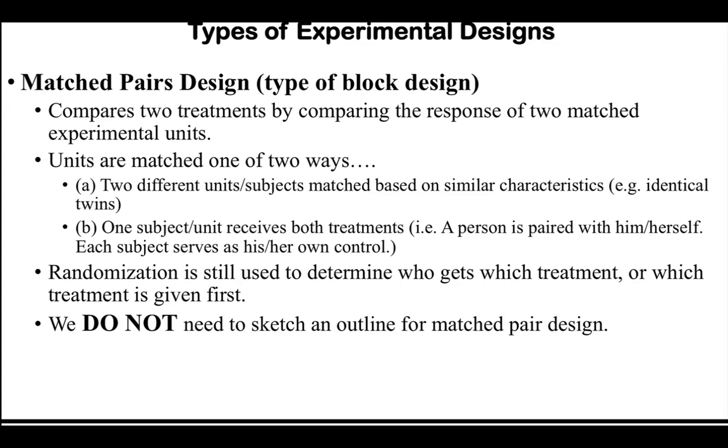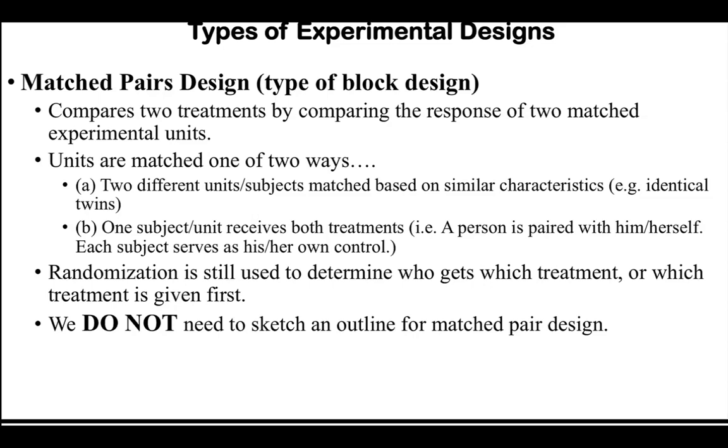You can't match someone who is in 12th grade with someone who's in 11th grade. You can't do that because we're talking about SAT scores. Now I can match a person who's 6'5" with a person who's 5'2". I can do that for SAT scores because that has nothing to do with how well they do on the test, right? Their height or their size of their body has nothing to do with it.